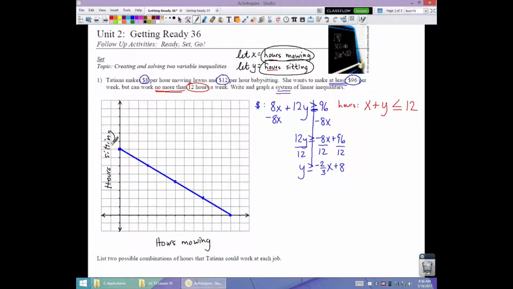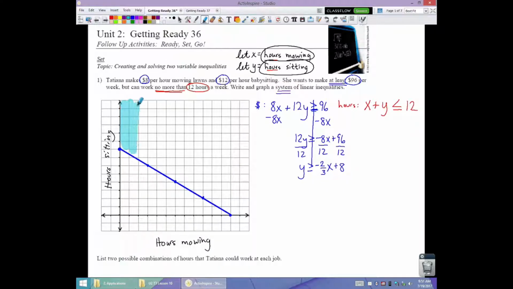Neither of those can be negative values, so I don't need to extend the line into the negatives. As far as shading, again, I only trust the sign when I'm in slope-intercept form, which says greater than or equal, so I will shade above.